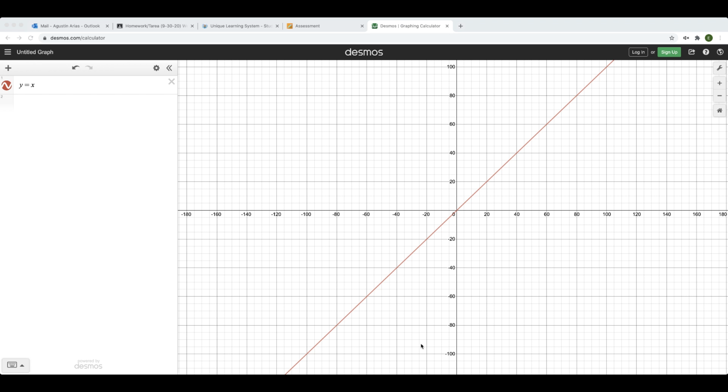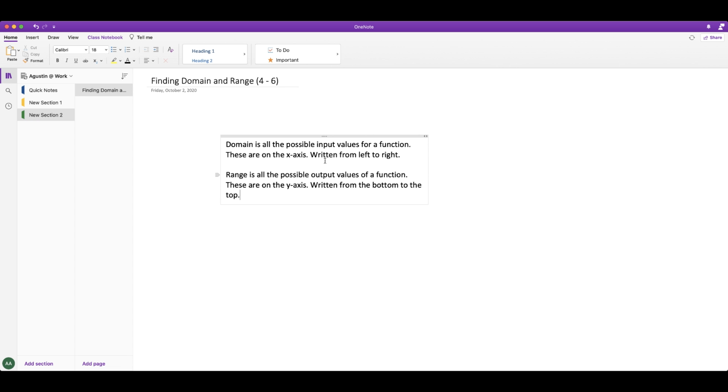Just so you can see that real quick: this is written from left to right. We start on the left and we move. So what's the starting value on the left? If it goes forever to the left, then we put negative infinity. If it goes all the way to the right, then we put positive infinity. If it stops at some point, then we write that number, like if it stops at 5, then we say 5. For the range, we start at the bottom. The first number we write is the bottom number, or if it's negative infinity, then we put negative infinity, and up to positive infinity.